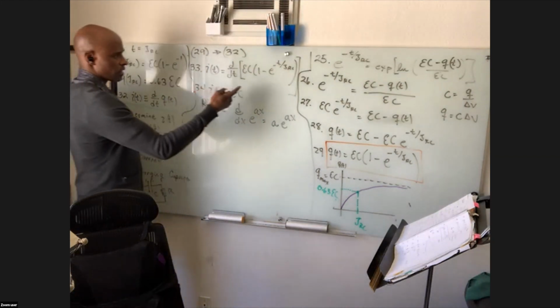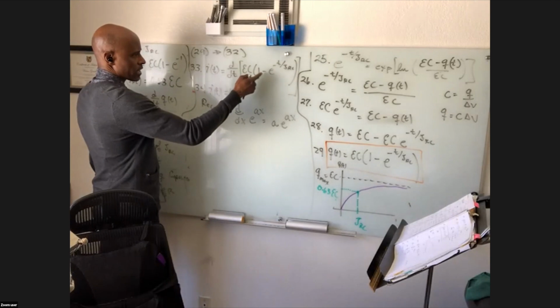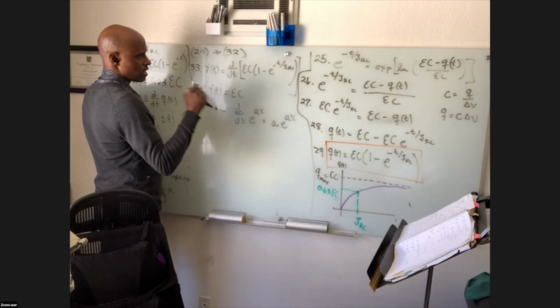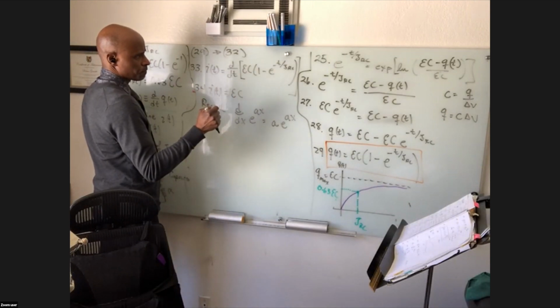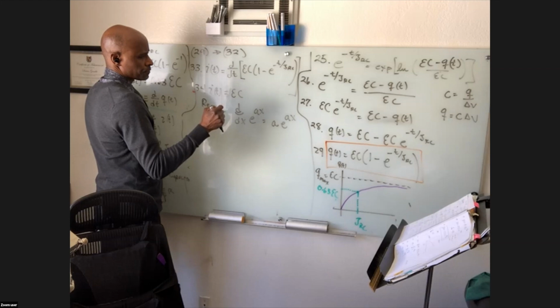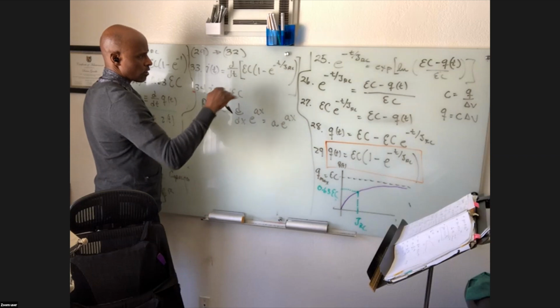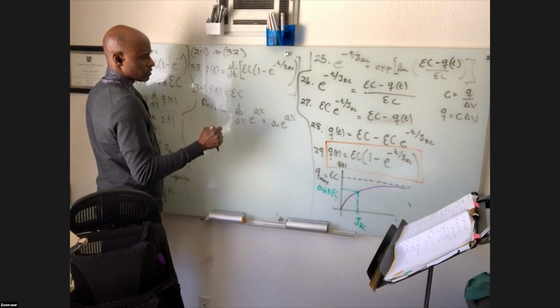So using that in here, the minus sign is going to cancel that minus sign, and I'm going to have a 1 over RC that comes out.